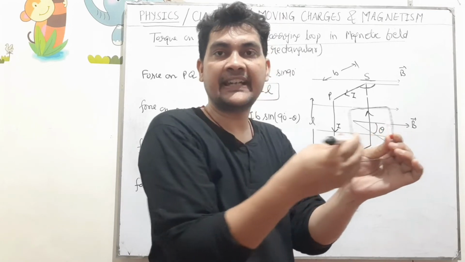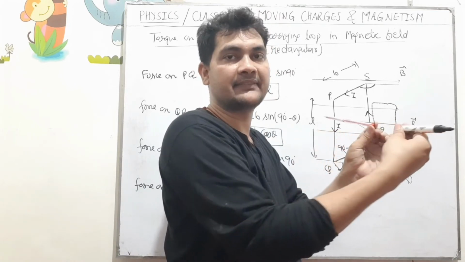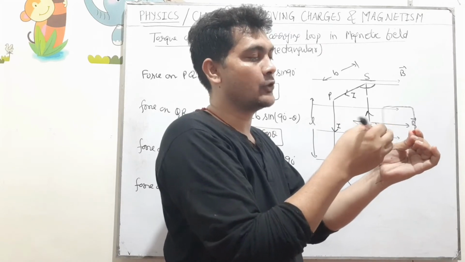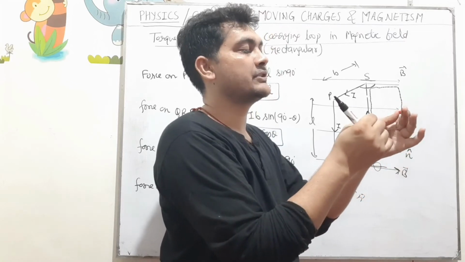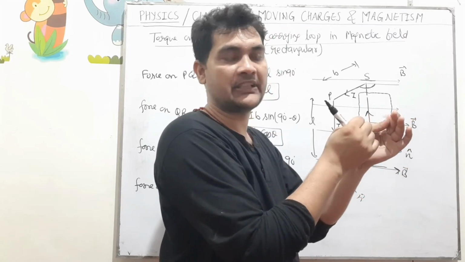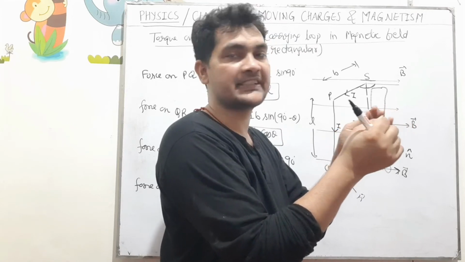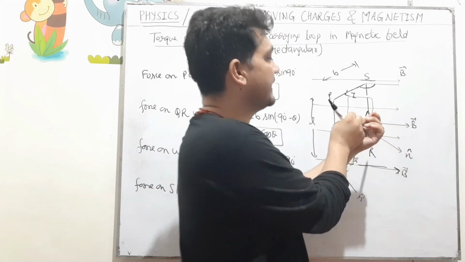If they are in different planes, they tend to rotate the coil, because one tends to move outward and the other tends to move inward. Therefore the net effect of these two forces is that they exert a torque on the coil, which starts rotating the coil.